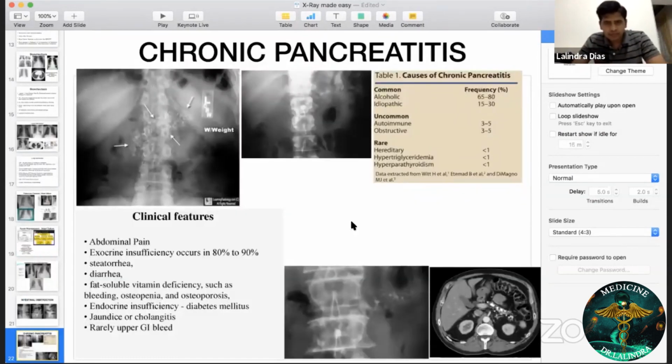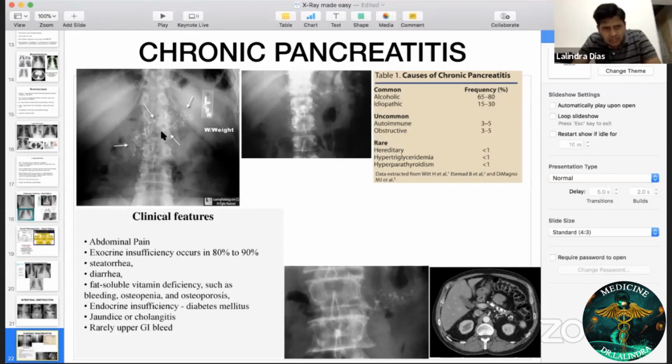Right, next one. Then again in the X-ray abdomen, there's another important radiological sign. When you take the X-ray abdomen, now can you see there? Here this is the lower margin of the ribs, and this is the vertebral column. This is the thoracic vertebra, and these are the lumbar vertebrae.